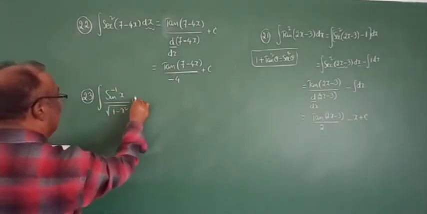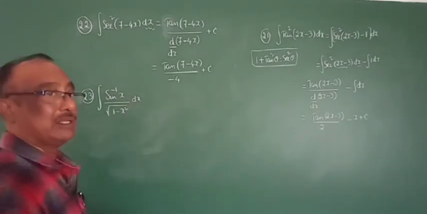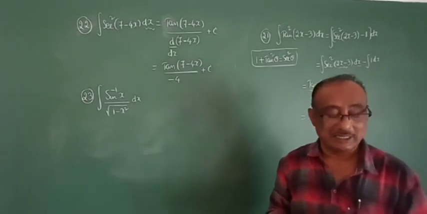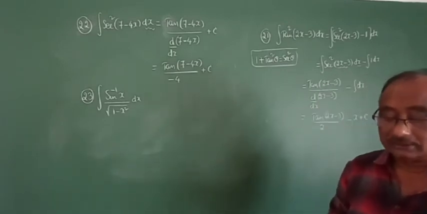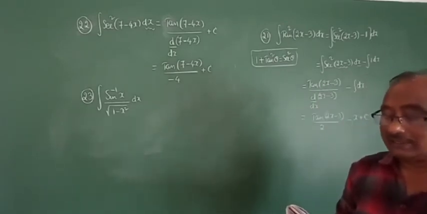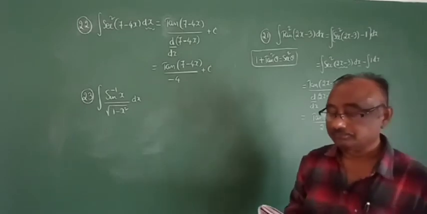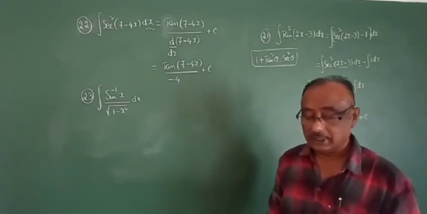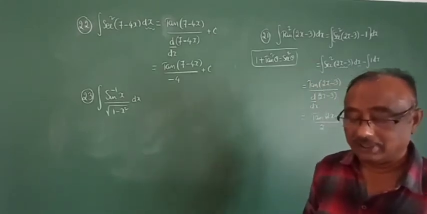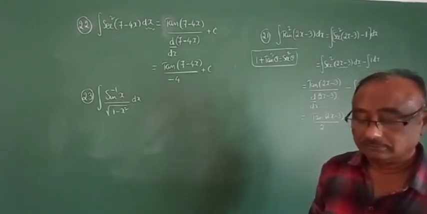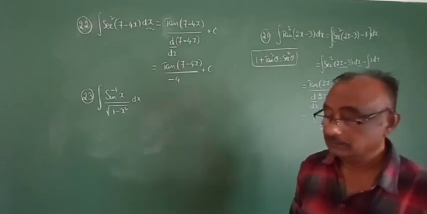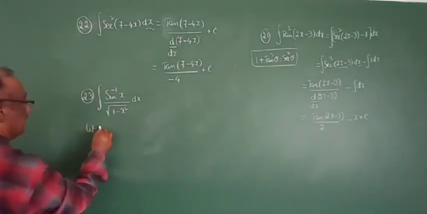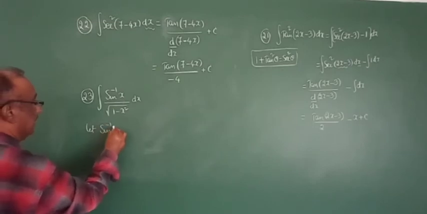Here is nothing else. The derivative of sine inverse x is 1 by root over 1 minus x square. Direct: sine inverse x, let it be t.